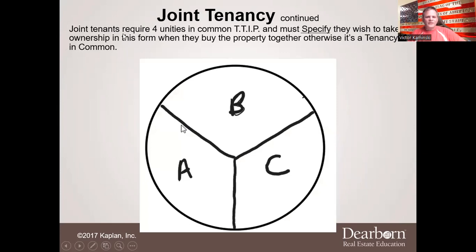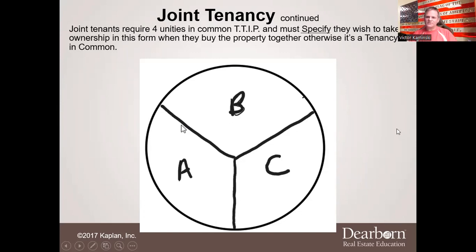So joint tenants require 4 unities in common, TTIP, and you have to specify that you wish to take ownership as joint tenants. Otherwise, if you have 3 owners with equal ownership shares, owners A, B, and C, they all have equal ownership shares, and that's all I tell you. What form of ownership is this? You have 3 owners, all equal ownership shares, and I don't tell you anything else.